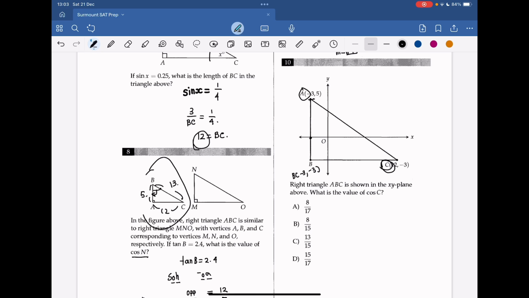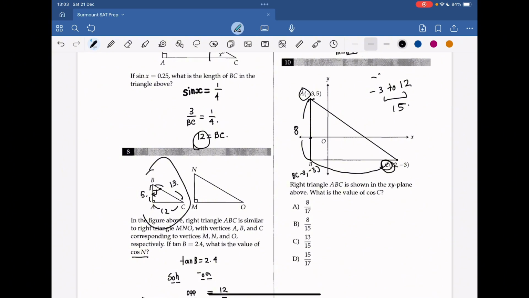So now we have all the coordinates. We can find the side of AB here. We need to take the y values and subtract them. So it's 5 minus negative 3, so we'll get 8. And let's look at BC here. BC is between 12 and negative 3, so basically it's 15.